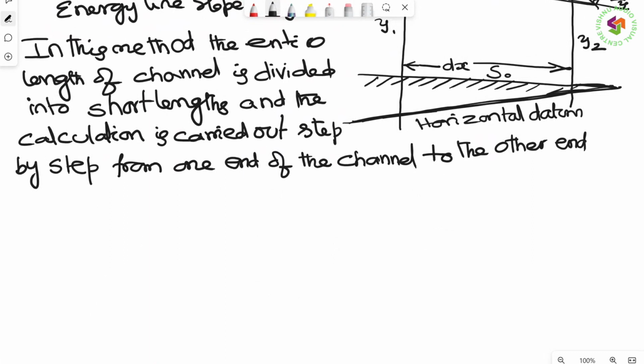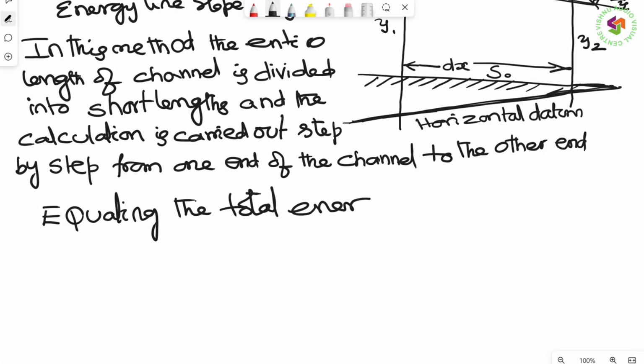But how to do that? Now I will equate the total energy at both the sections.